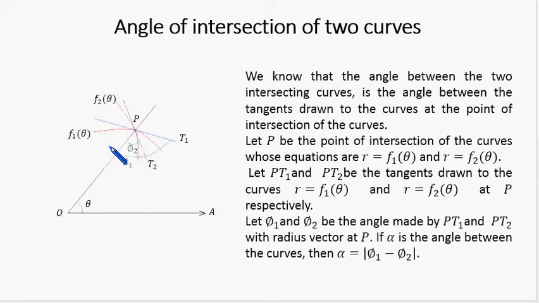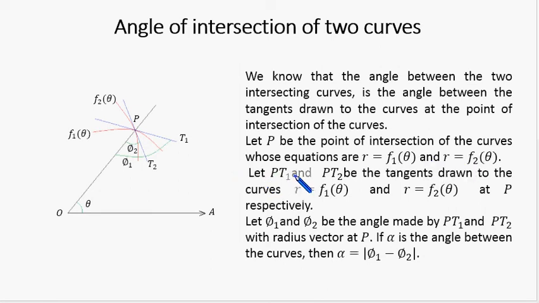Okay, so we know that the angle between two intersecting curves is the angle between the tangents drawn to the curves at the point of intersection. Let P be the point of intersection of the curves whose equations are r = f1 of theta and r = f2 of theta.